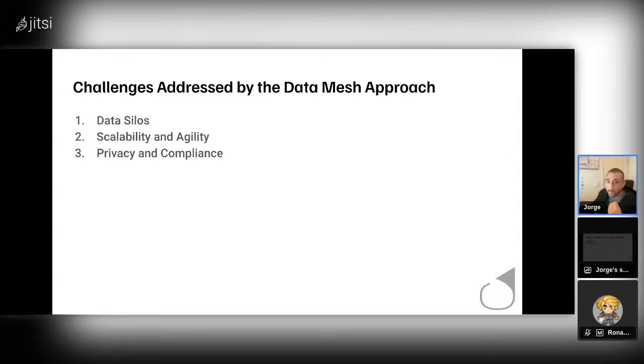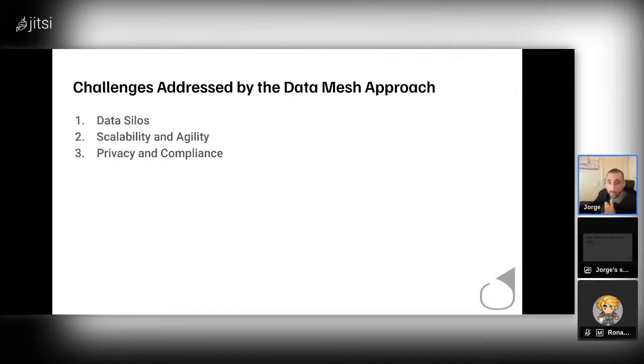In today's regulatory environment, privacy and compliance are crucial, especially for organizations handling sensitive data. Traditional systems can make it difficult to apply consistent privacy rules across departments and regions. Data mesh tackles this by allowing each domain to manage its own data with a framework of federated governance.